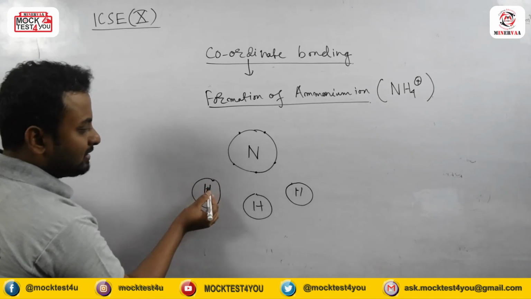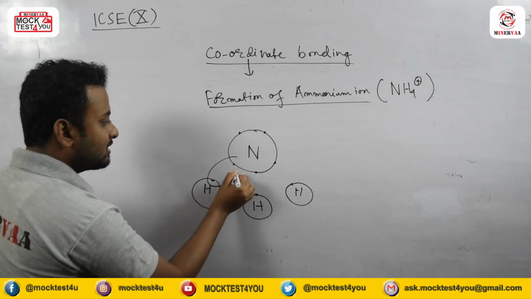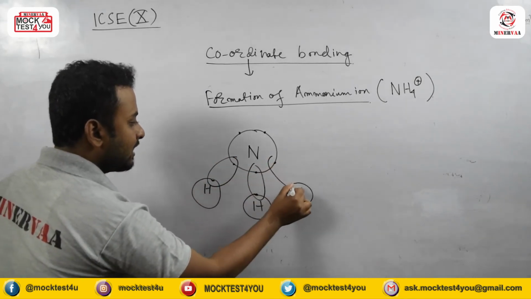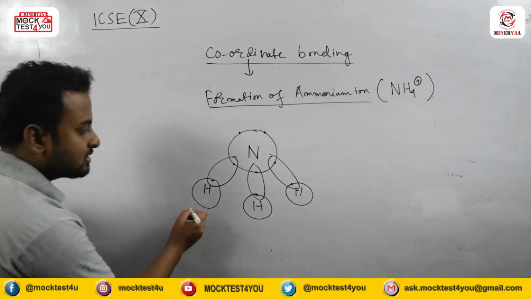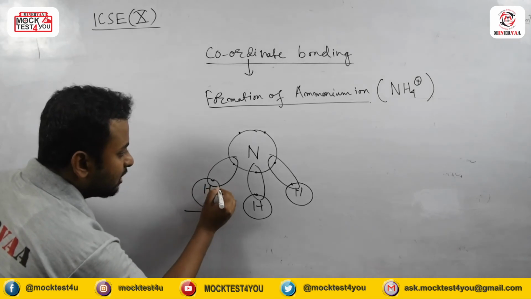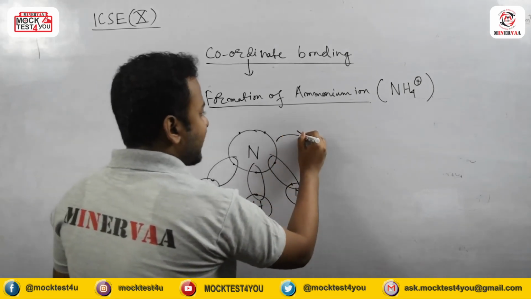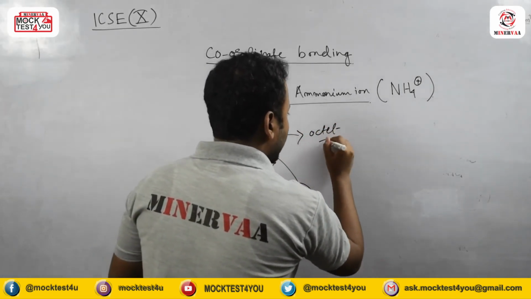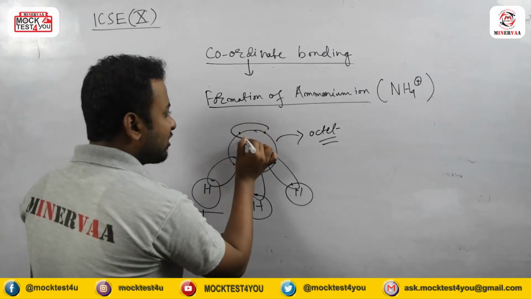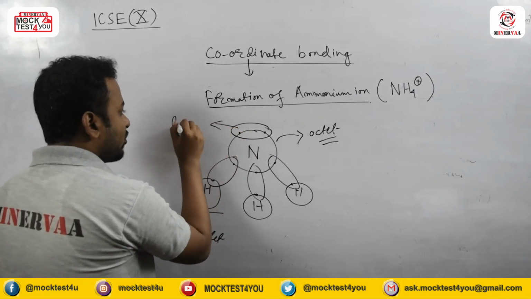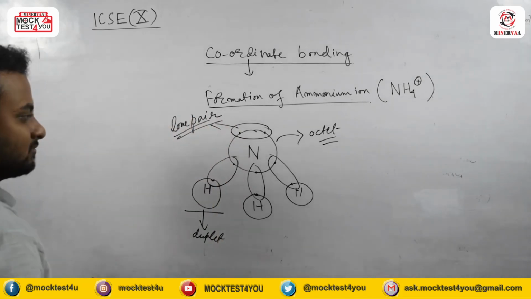When 3 hydrogen atoms share 1 electron each with this nitrogen, it will have 8 electrons: 1, 2, 3, 4, 5, 6, 7, 8. Hydrogen is attaining the duplet electronic configuration and nitrogen is attaining the octet. So both of them are getting stabilized. This is an example of a covalent bond, but this electron pair is not participating. So this is a lone pair of electrons, which is not participating in bonding.